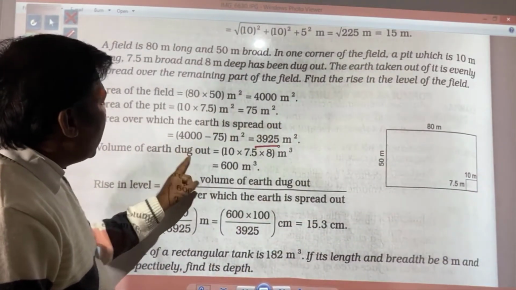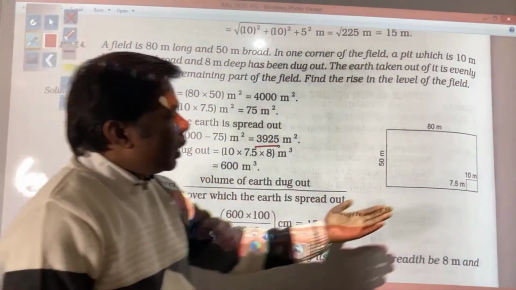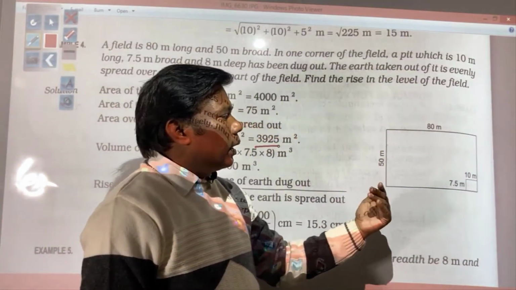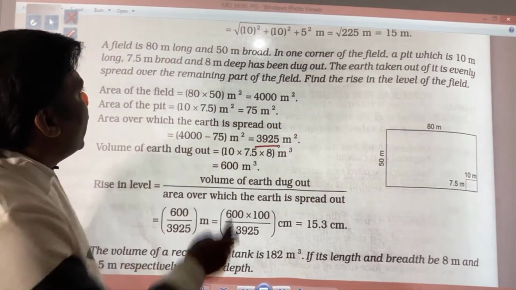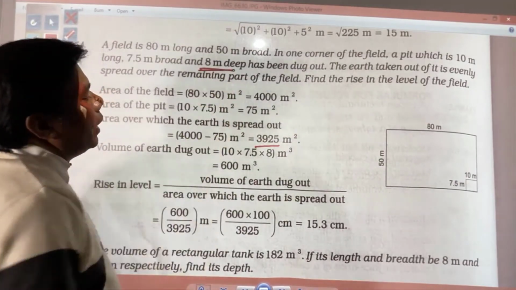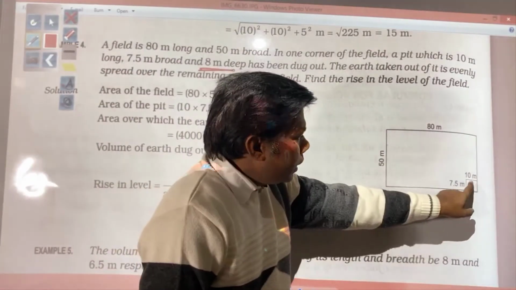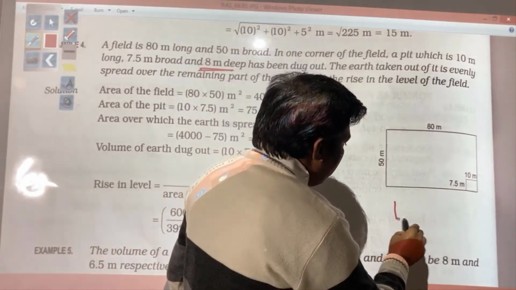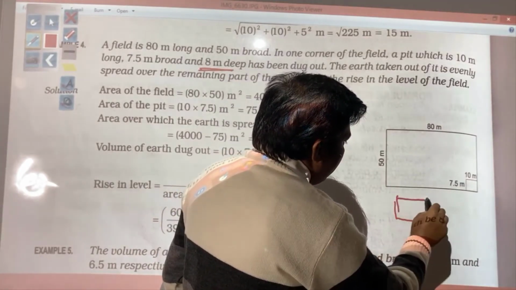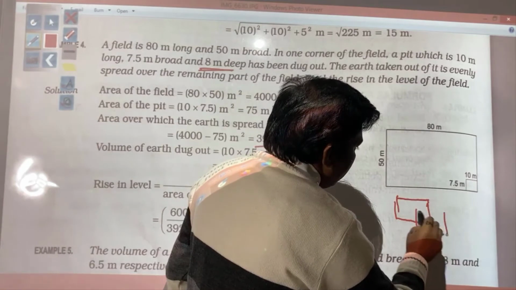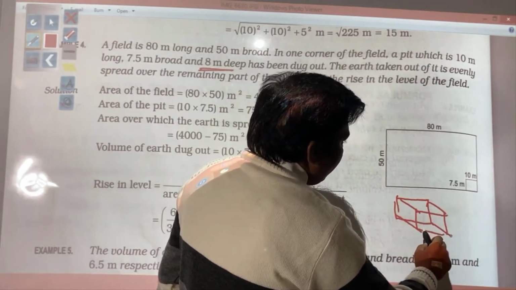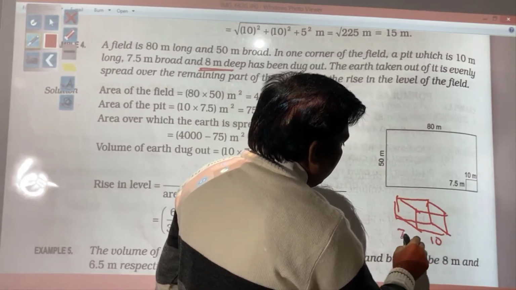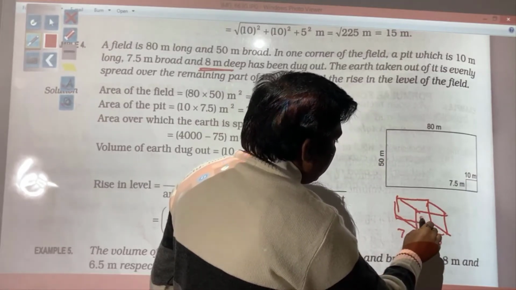Now volume of the earth dug out means how much earth or how much soil has been taken out. So that is 10 into 7.5 and deep, this is 8 meter deep, which means this pit has become a cuboid. So this is 7.5 and deep is how much? 8.